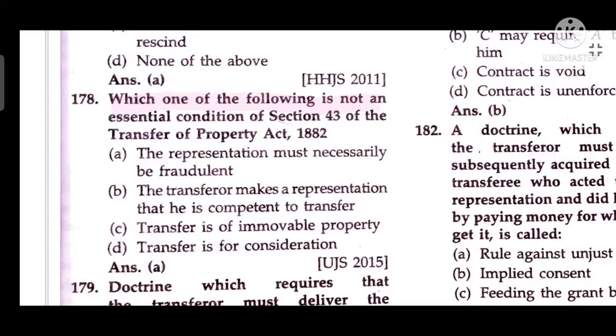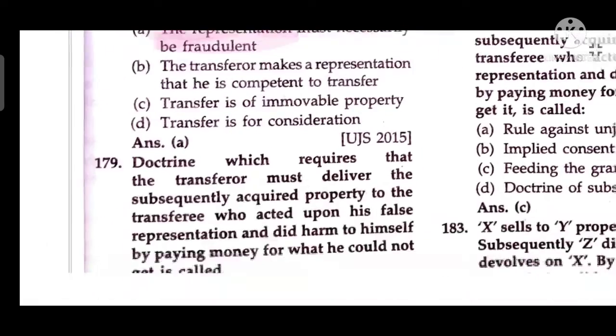Which one of the following is not an essential condition under Section 43 of Transfer of Property Act 1882? The representation must necessarily be fraudulent.